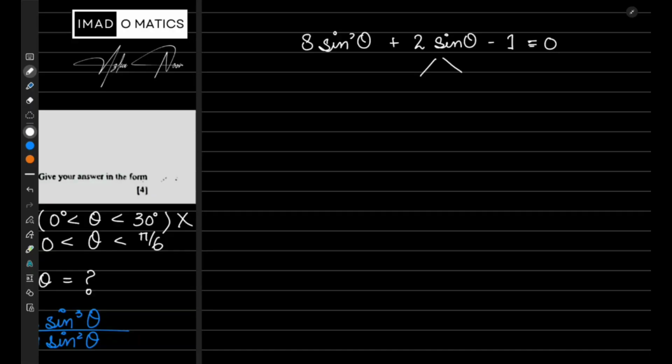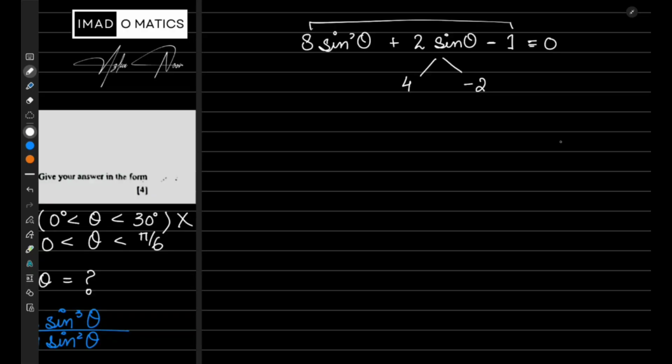So that is 4 and 2. 4 twos are 8. Okay, so 4 and minus 2, because upon multiplication you should get minus 8. That is the product of the outer two terms. I'm sure you know how to do this breaking of the middle term.